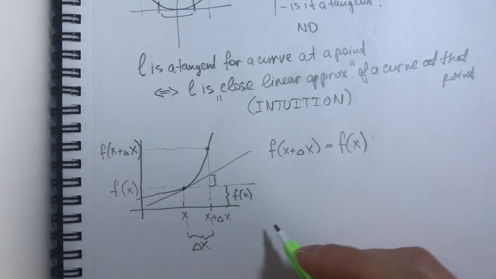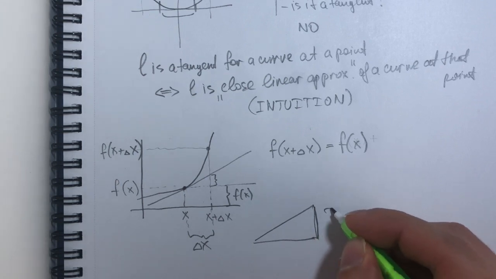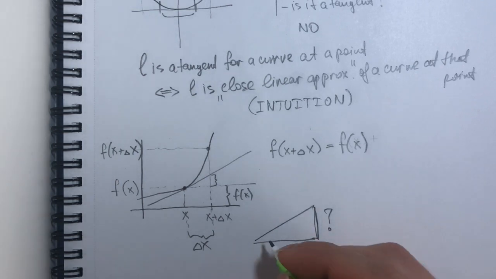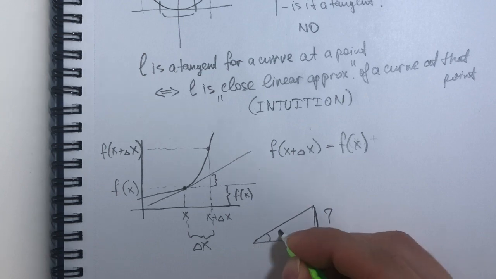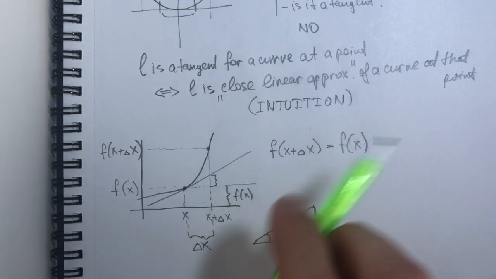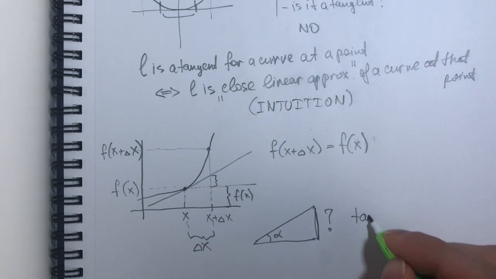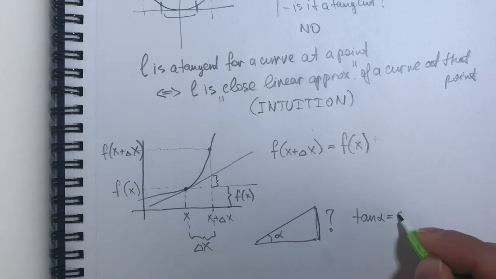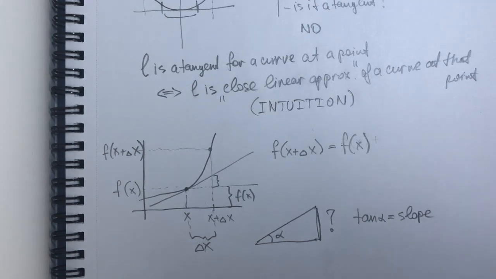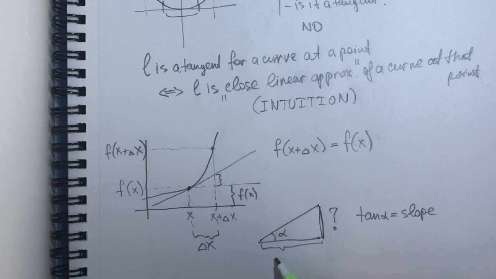So what is the value of this increment? Well, let me redraw this triangle. So I'm interested in this side, but I know several things. I know that this angle alpha is the angle that represents the slope of my tangent line, and I know that tan α is the slope, right? This is very easy to realize. And then I also know that this side has length Δx.